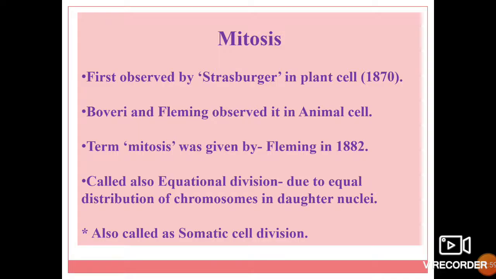Now, it is the somatic cells, the cells of the body, which undergo the mitotic division. Do all cells of our body undergo mitotic division? No. The germinal cells do not undergo mitotic division, but the majority of the body cells, barring the germinal cells, undergo this mitotic or equational division.